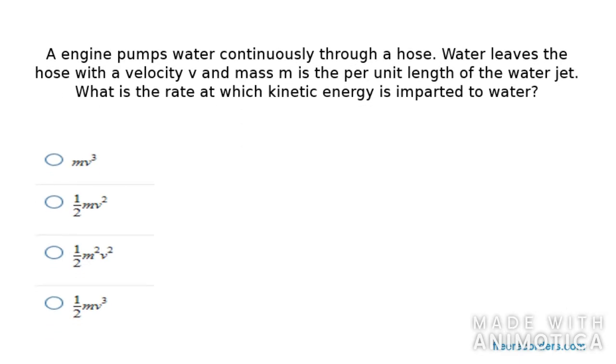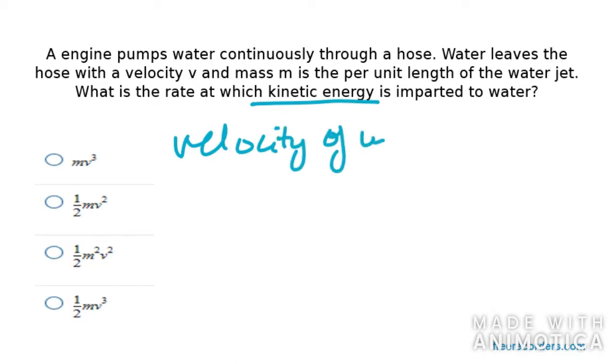Let's start with the third one. It says an engine pumps water continuously through a hose. Water leaves the hose with a velocity v, and m is the mass per unit length of the water jet. What is the rate at which kinetic energy is imparted to water? So we need to find kinetic energy. Now we have velocity of water as v, and mass flowing per unit length is m.